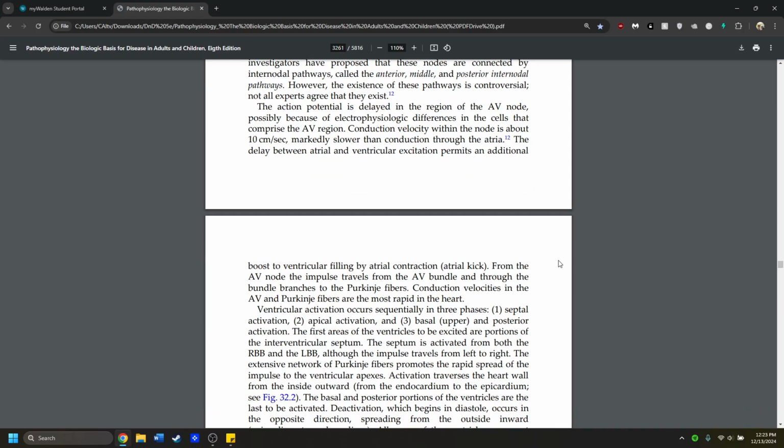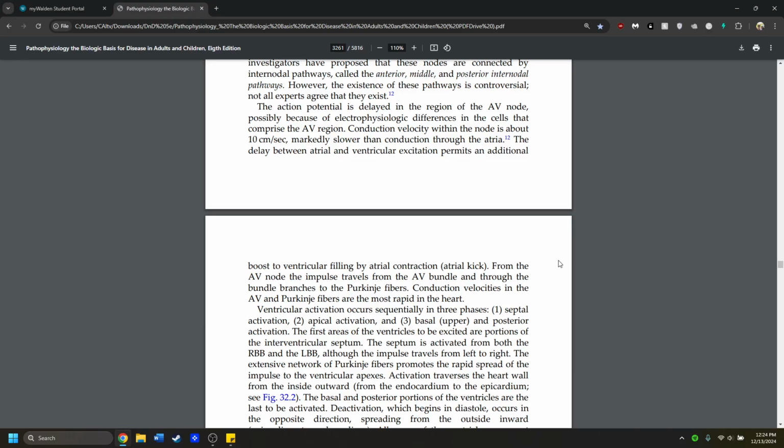The action potential is delayed in the region of the AV node, possibly because of electrophysiologic differences in the cells that comprise the AV region. Conduction velocity within the node is about 10 centimeters per second, markedly slower than the conduction through the atria.